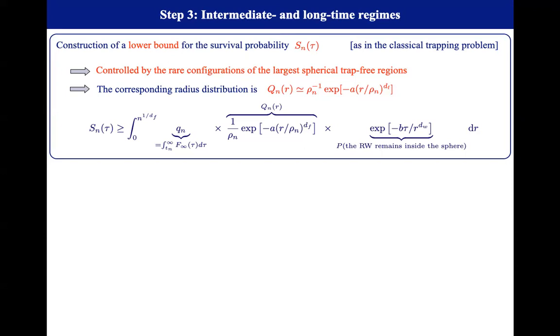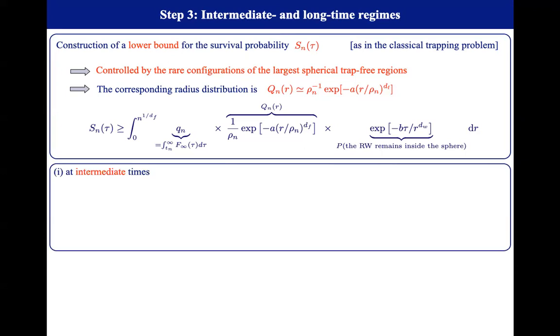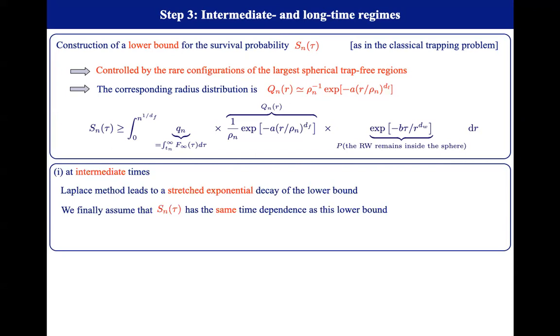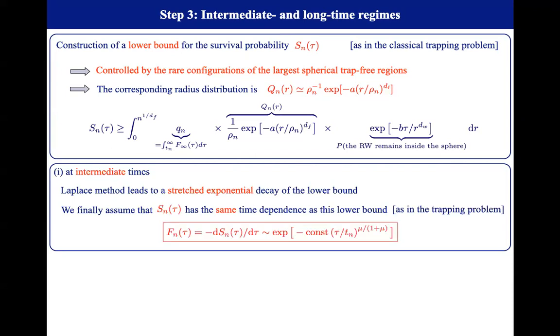Finally, you can estimate the large time behavior of this integral, and two possibilities can emerge. At small times, intermediate times, actually, you find that this integral is controlled by a value of r inside this interval, and you end up with a stretched exponential decay of Sn and finally of Fn. This is what I gave you in the introduction.